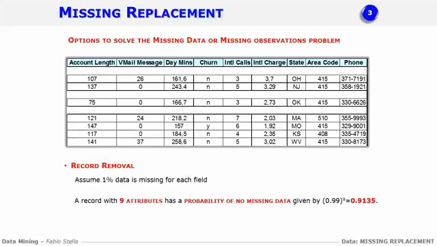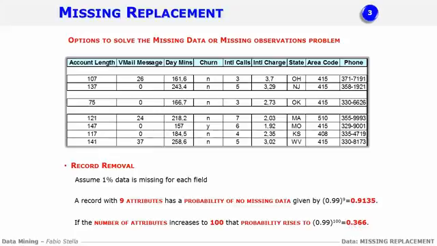But what happens if the number of attributes is increased to 100, which is still a very small number when we have to analyze a given problem through data mining? In this case the probability becomes 0.99 to the power of 100, which is equal to 0.366.